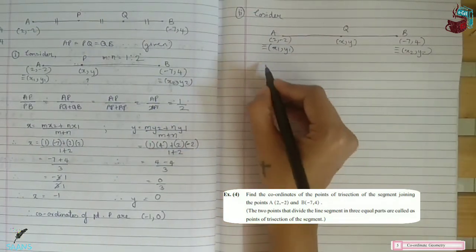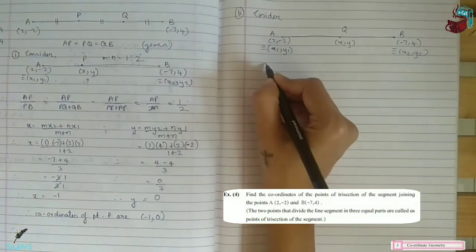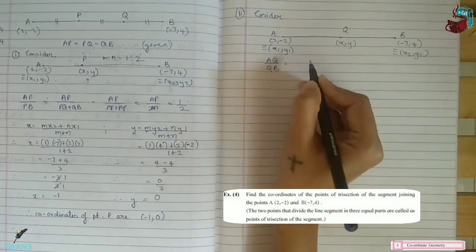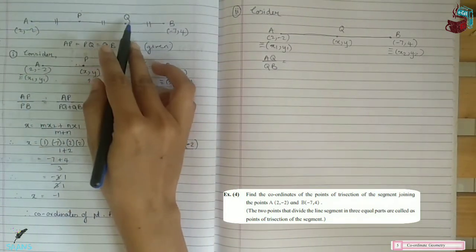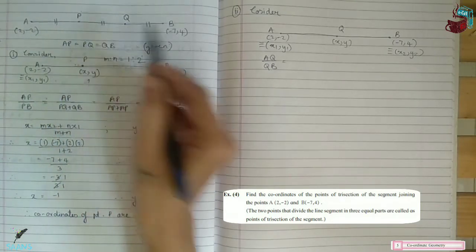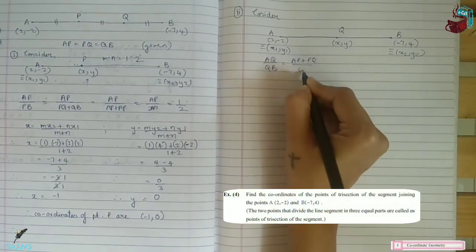Similarly, now as I told you, I know AP upon PB. I don't know AQ upon QB. So, AQ upon QB. QB is the one only. So, AQ is nothing but AP plus PQ, AP plus PQ upon QB.